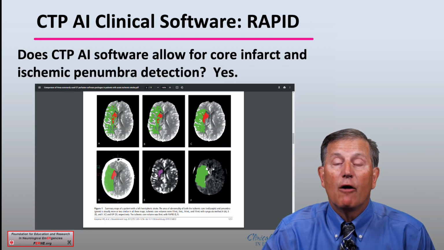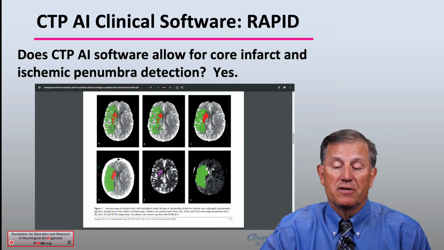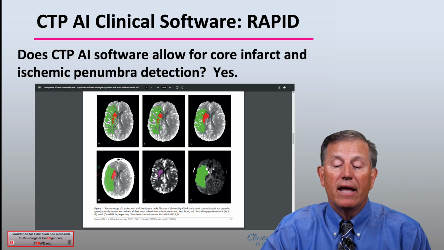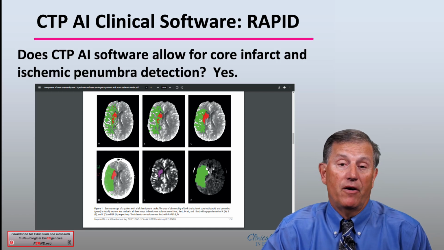So, does it allow for core infarct and ischemic penumbra detection? The answer is yes. In this study, you can see the areas of red that demonstrate a small core infarct and the areas of green which are a large ischemic penumbra, which when compared to MR demonstrates something very similar.